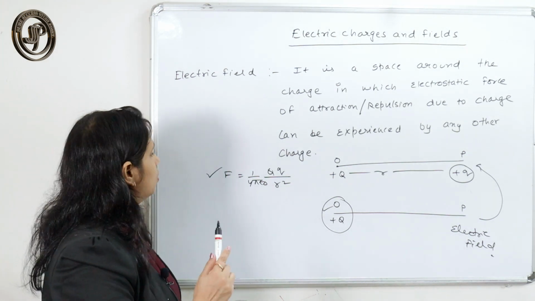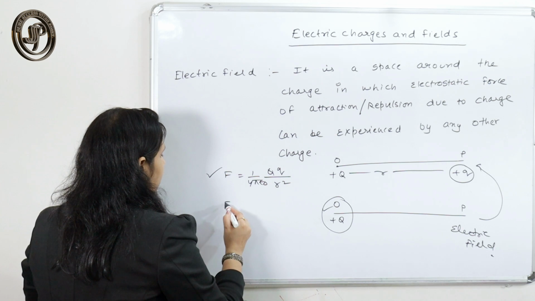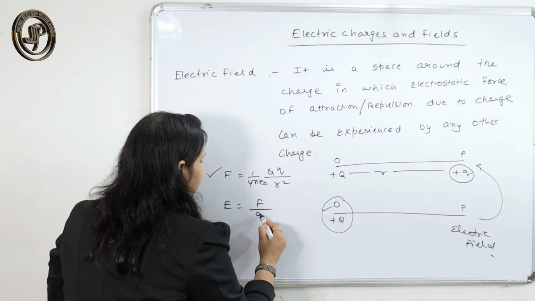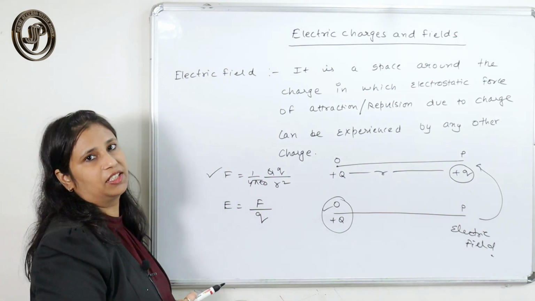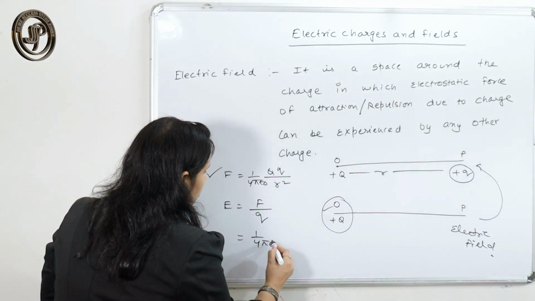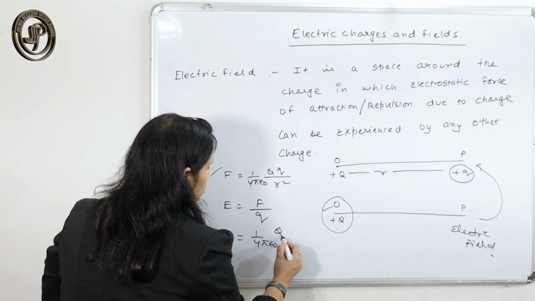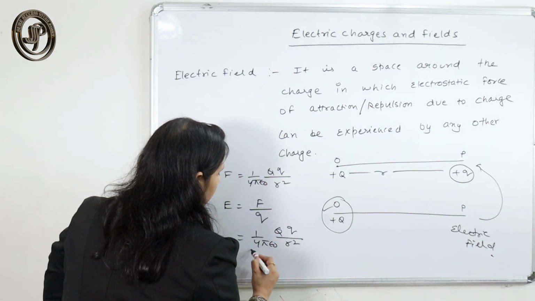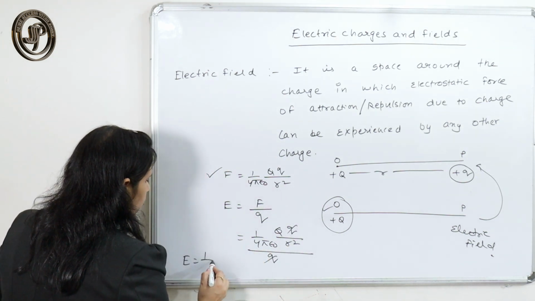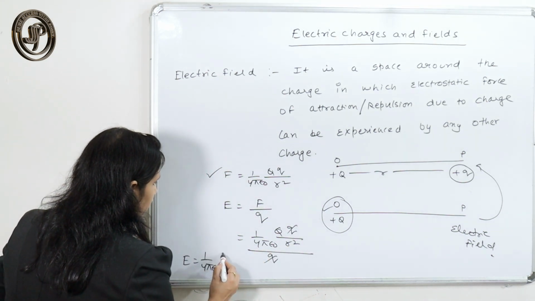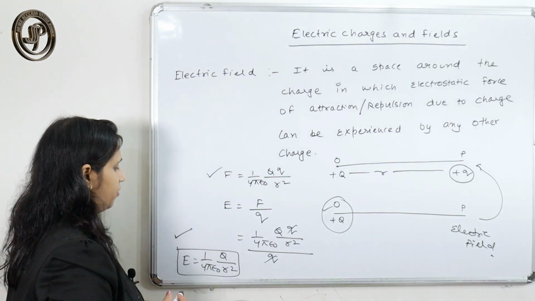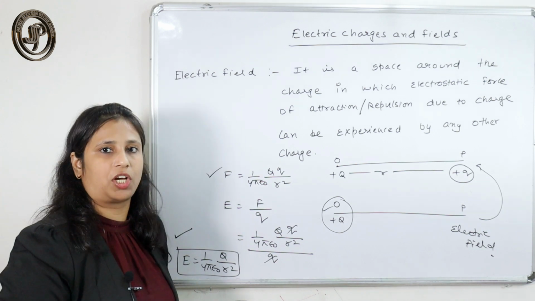So we can say electric field is nothing but the force experienced per unit charge. So what is the formula for force? 1 upon 4 pi epsilon naught Q by r square, and that is divided by q. So the magnitude of electric field will be this. This is the magnitude of electric field for a point charge.